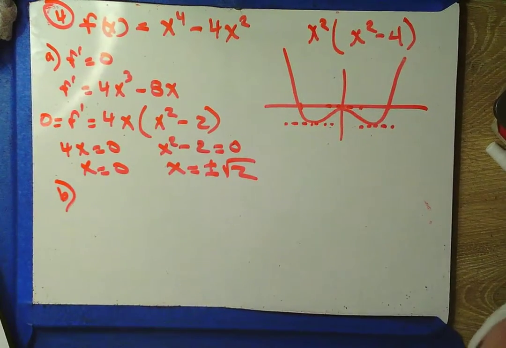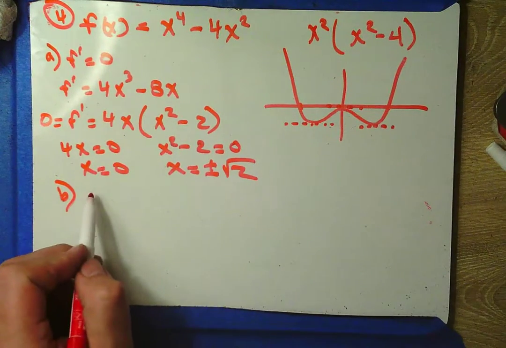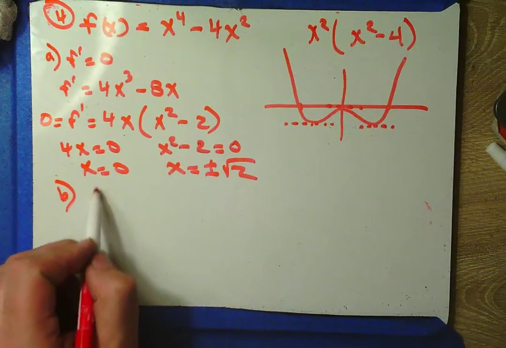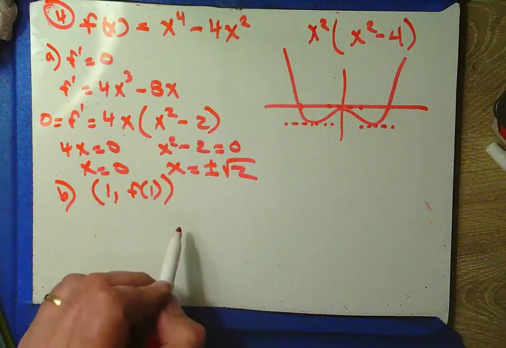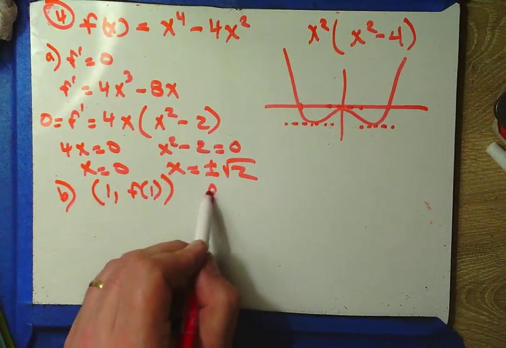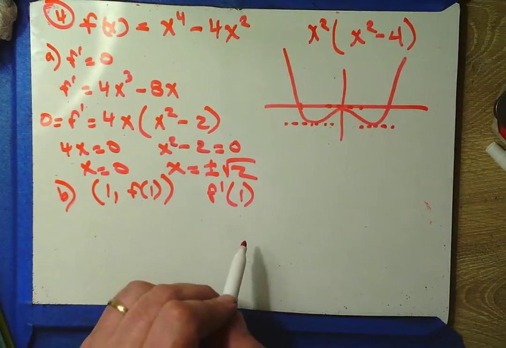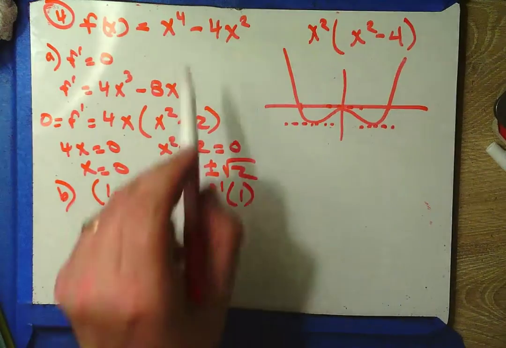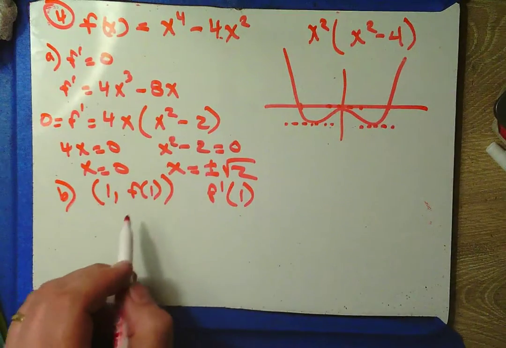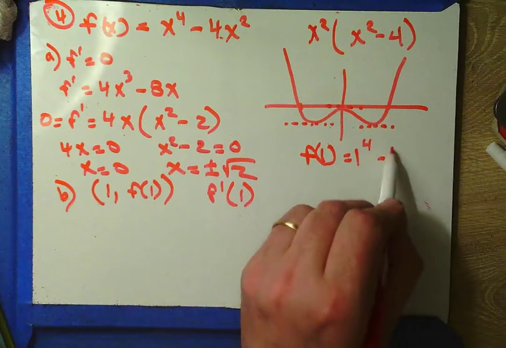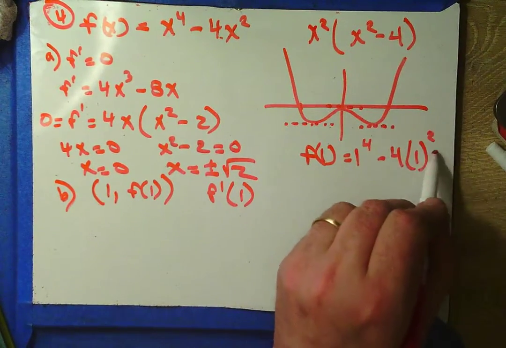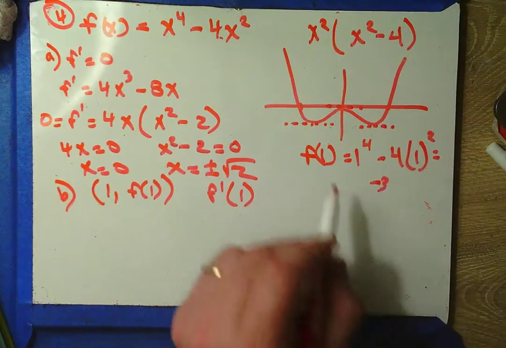B. Find the equation of the tangent line at x equals 1. So remember, we need a point, and we have half a point right now. We also need to know the y value there, and we need the slope at 1. So f of 1, I plug 1 in here, and I get f of 1 equals 1 to the 4th minus 4 times 1 squared, or -3.